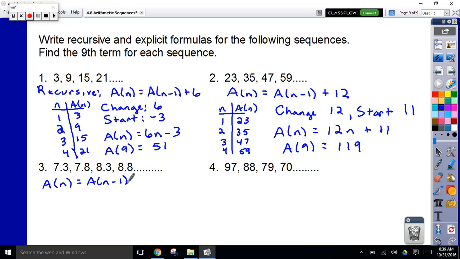What do you do to get from one term to the next? You add 0.5. Yes, you add 0.5, so that's what goes to the end. That's how easy it is to write a recursive formula. It's the same thing, you just have to plus or minus whatever is going on in your sequence. Okay, explicit formula. Sam, what did you come up with?